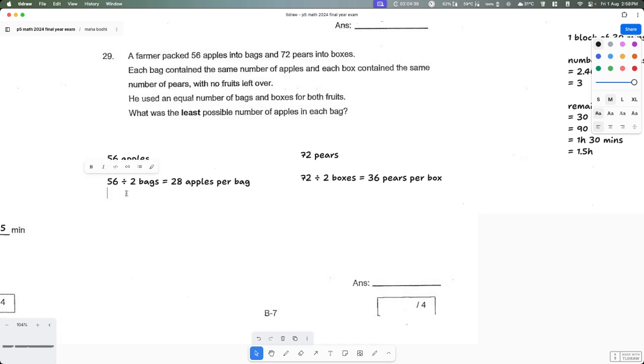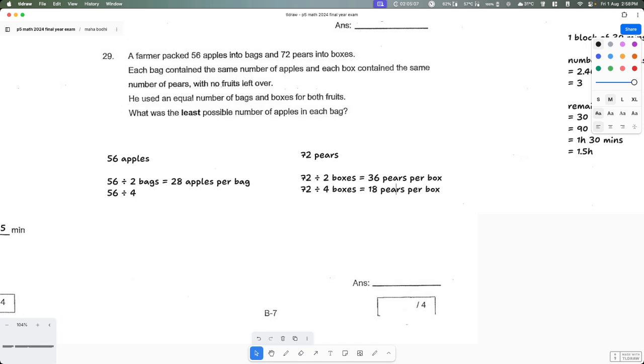So 56, can we divide by 3? In this case, nope, cannot, right? 56, can we divide by 4? Because we also need to list down all of this. 72, can it be divided by 4? Then yes, 72 can divide by 4. This will be 18 pears per box.